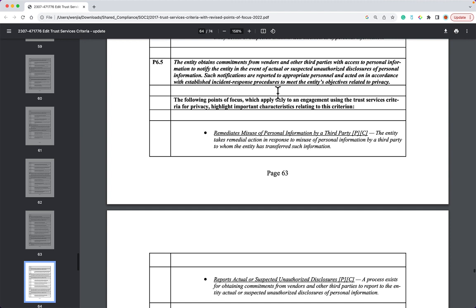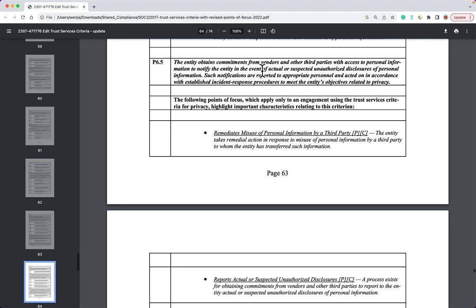Such notifications are reported to appropriate personnel and acted on in accordance with established incident response procedures to meet the entity's objective related to privacy.